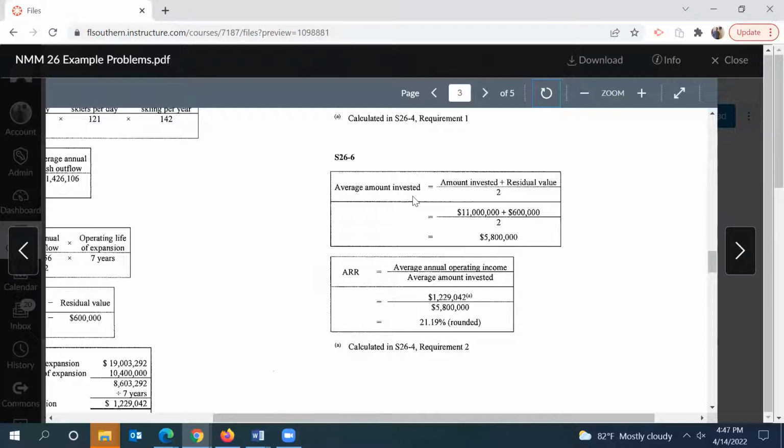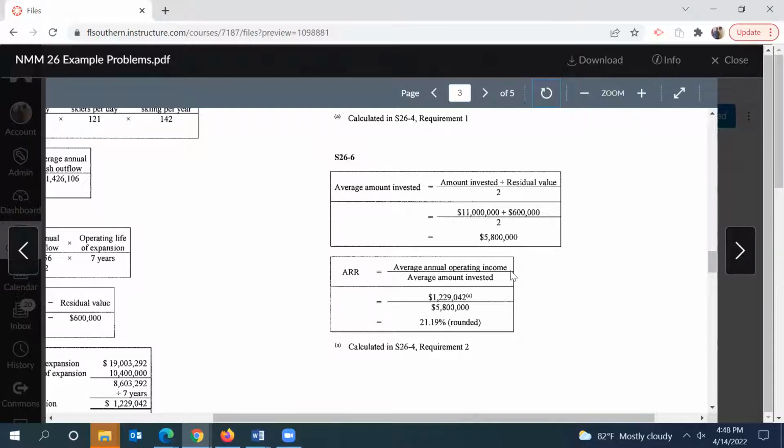So we need to get the average amount invested. We're not given that. So that would be the initial cost of 11 million, the initial investment that is, plus a residual value of 600,000. We'll divide by 2. When we do, we get $5.8 million.